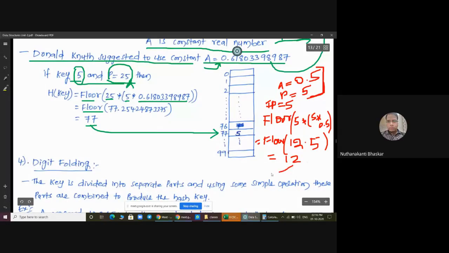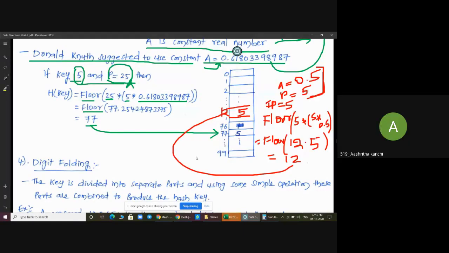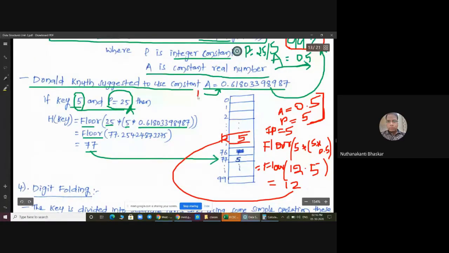Now, what is the index? 12. Where do we have to insert? At the 12th index we are going to insert your input value 5. Understand now? Yes, sir. In the same way, if you don't want to use the Knuth real constant, if you want to use your own constant, use it like this.